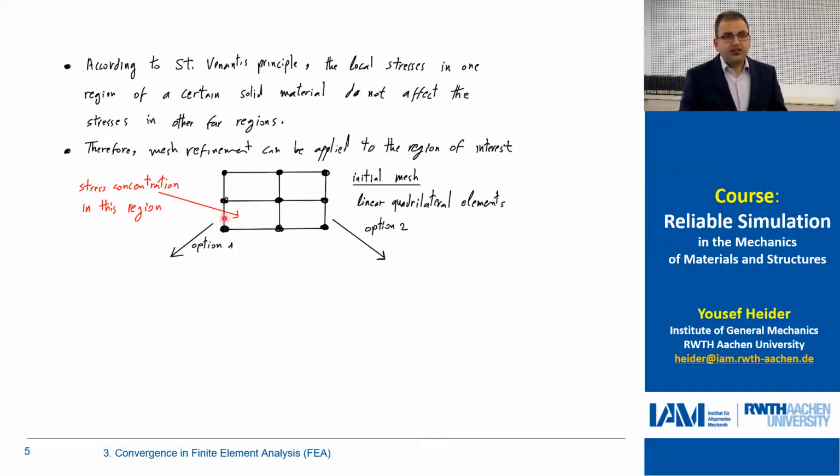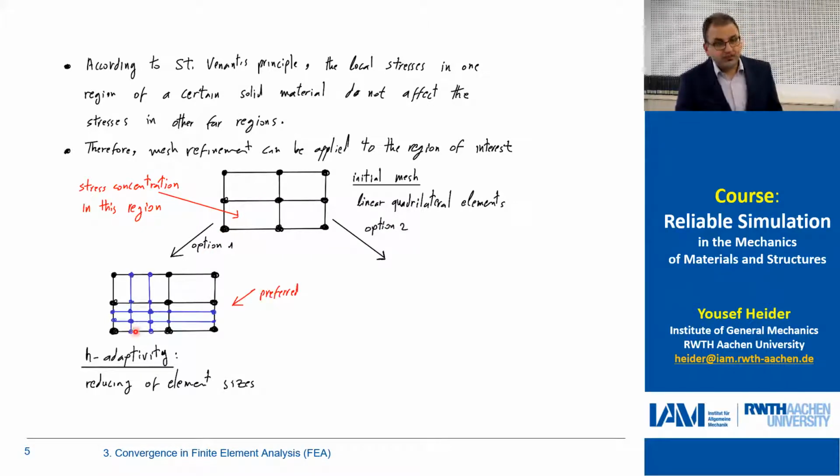So let's assume this is our domain, and we discretize this with 4 quadrilateral elements initially, so linear elements. You see here 4 nodes. And we figured out later that we would have stress concentration in this region. So in one of these segments, the first option is to increase the number of elements.